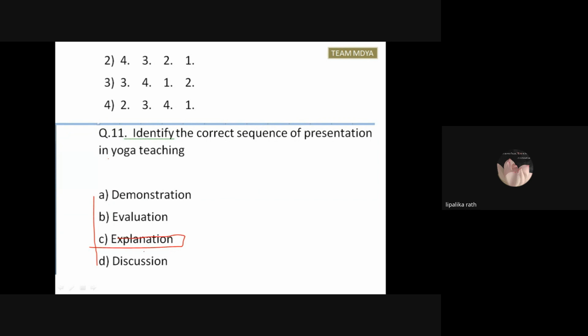Then we need to demonstrate. Then we will go for evaluation. We can do evaluation by questioning. Then at last we go to discussion. Okay, yes, this is the correct sequence.